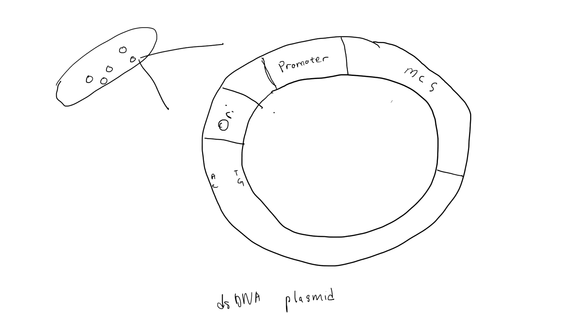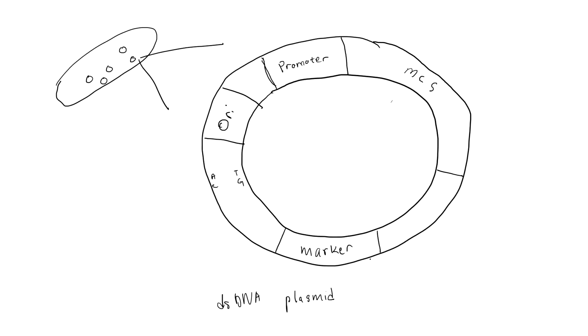Other than the origin of replication, promoter and multiple cloning site, another important feature that a plasmid might have is a marker gene in its DNA segment. The marker genes are the ones that allow differentiation of cells that have the plasmid from those that do not.